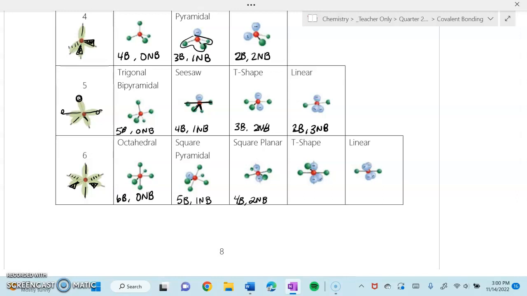T-shape, like we saw previously, this would be 3 bonding and 3 non-bonding. And then lastly, linear. Two bonding, 4 non-bonding.